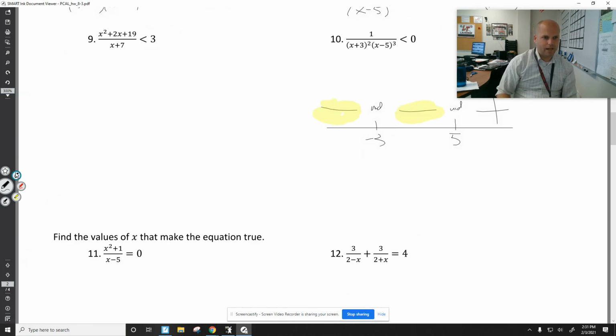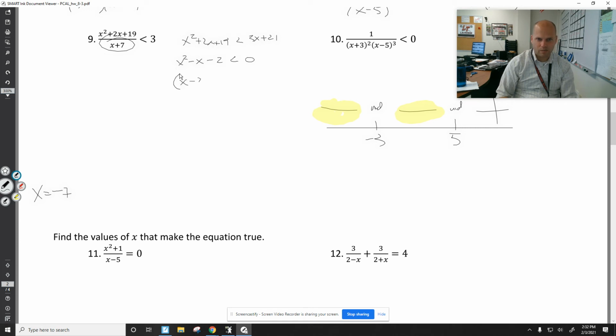All right. Now, is it fun? No. Would you prefer to say, okay, negative 7, and then multiply both sides by x plus 7, you get x squared plus 2x plus 19 is less than 3x plus 21. And then you can subtract and subtract, and you get x squared minus x minus 2 is less than 0.